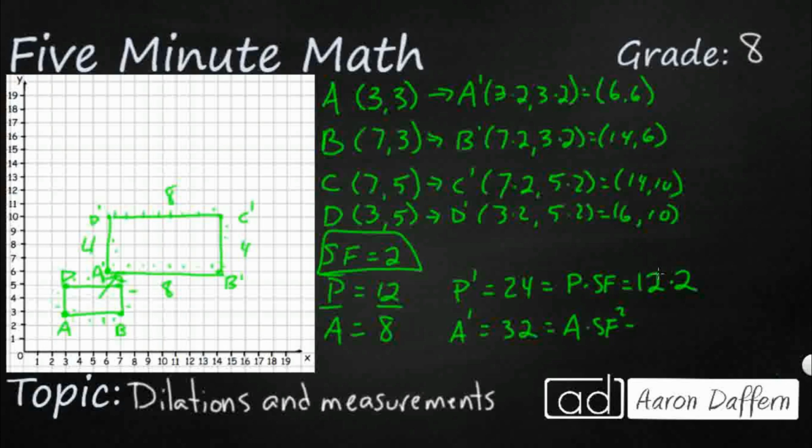So what we had to do is we had to take our 8, we had to multiply it by our scale factor, and then square the scale factor. That's why it's quadratic. So that's 8 times 4. That's where we get our 32. So this is going to be the one thing we need to learn from this video, is how these measurements change with dilations.